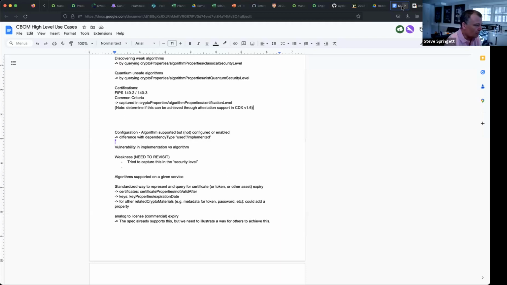Correct. In 1.6 you'll be able to attest to a component, which is what an algorithm is, right? You can attest to a service, you can attest to an organization. So if you want to say that my entire organization is doing X, Y, and Z, you'll be able to make those claims.